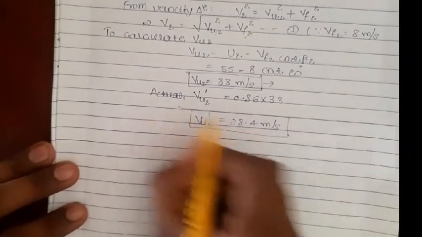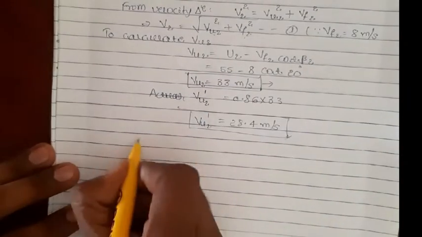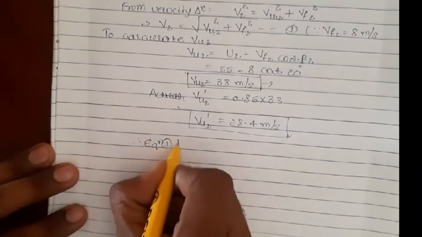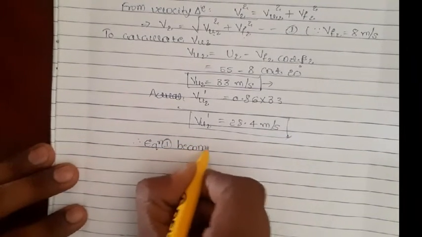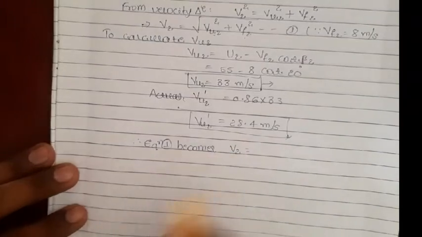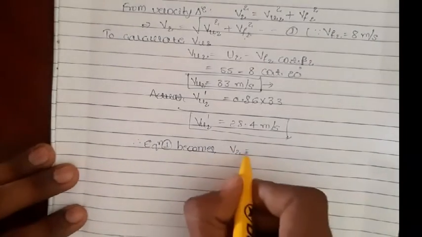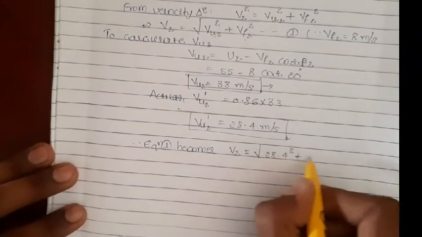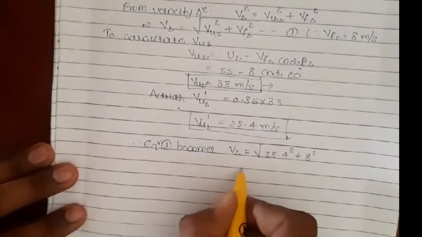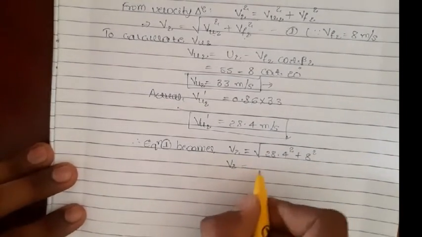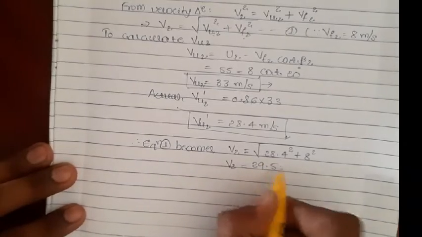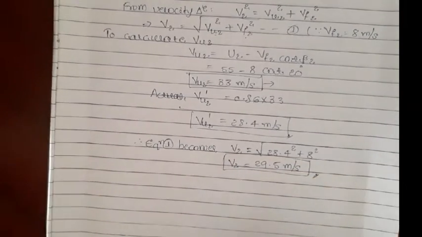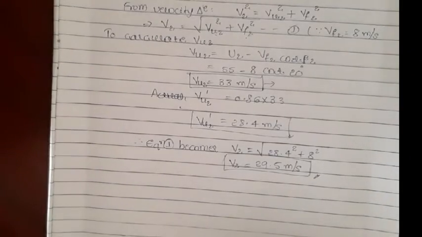I need to substitute that here. So equation 1 becomes V2, the speed of the fluid at the outlet, equal to the root of 28.4 squared plus 8 squared. Therefore V2 is equal to 29.5 meter per second. This is the speed of the fluid at the outlet.